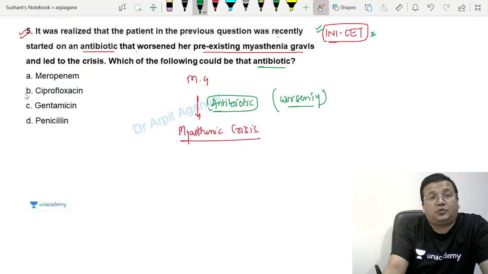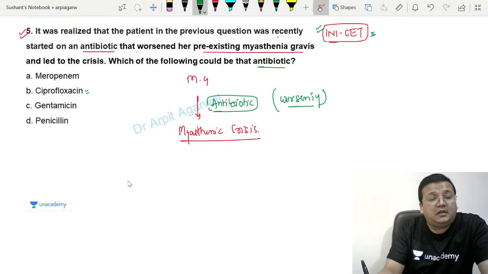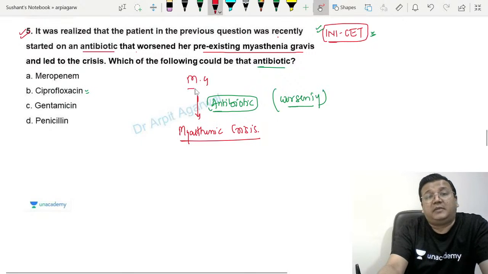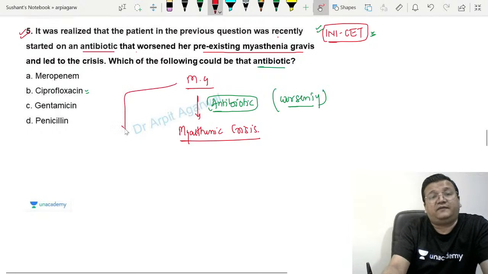Cipro. Okay. Look at these options: meropenem, ciprofloxacin, gentamicin, penicillin. Anybody else? Everybody says B, Cipro. Pre-existing myasthenia gravis worsened. What are you looking for in this question?